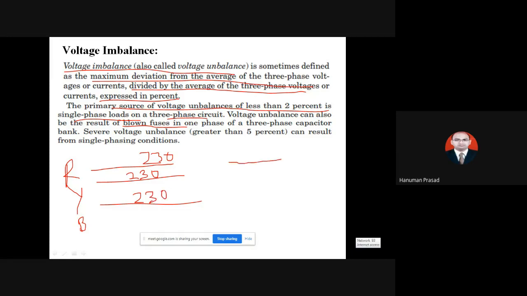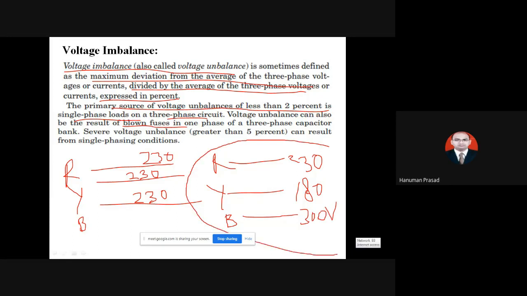But sometimes we get phase R at 230 volt, phase Y at 180 volt, and phase B at 300 volt. This is a voltage unbalanced situation.